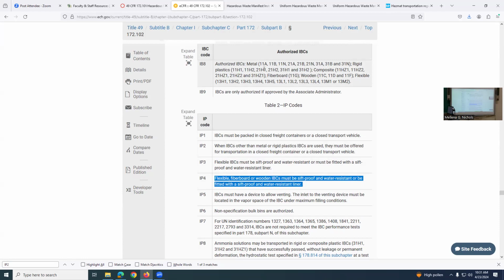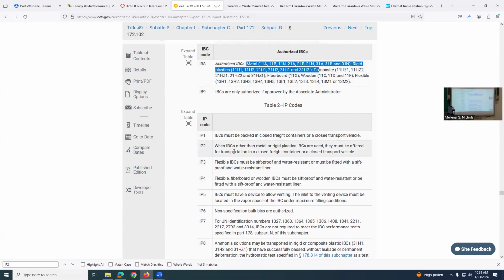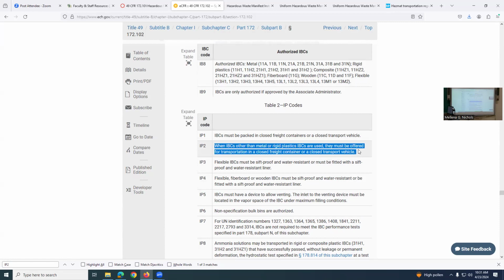If we said we're shipping this in a metal container, then IP2, let's see. I don't think it had anything for metal, did it? No, IP2 was if we were using metal or rigid, then IP2 would apply, IP4 would not, because we're not shipping it in that type of container, okay?